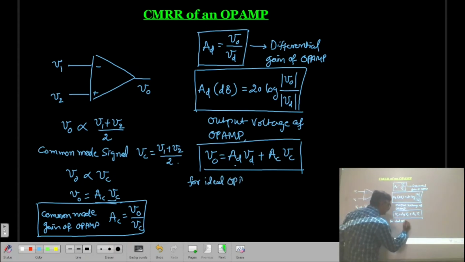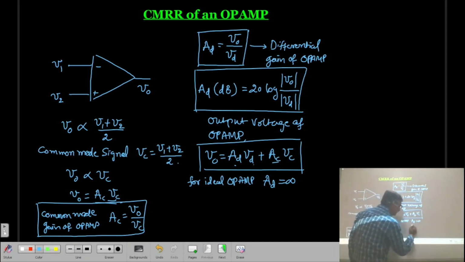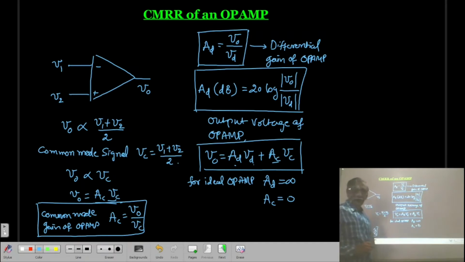For ideal op-amp, AD must be equal to infinite, and for AC, the operational amplifier doesn't have to amplify the common level of the signal. It doesn't have to amplify the average value of the signal. Remember, and therefore the common mode gain of the operational amplifier has to be 0. AD must be infinite and AC must be 0 for the ideal operational amplifier.